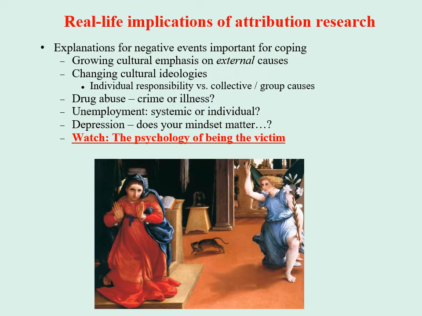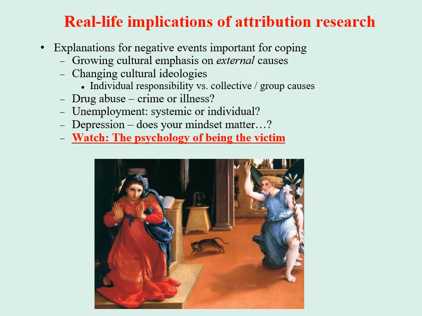A good example is the question of drug abuse. A few decades ago, it used to be considered simply a crime. That implies that it's due to internal causes. The person engaged in drug abuse is responsible, and it also implies that the person could potentially do something about it.